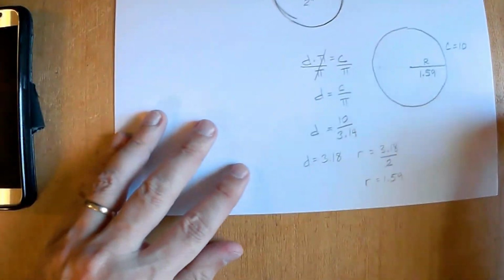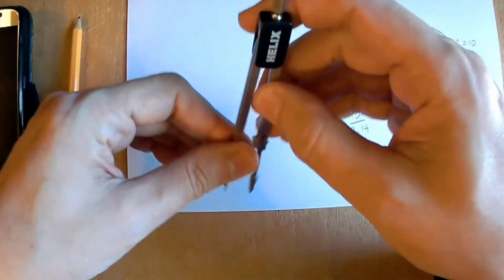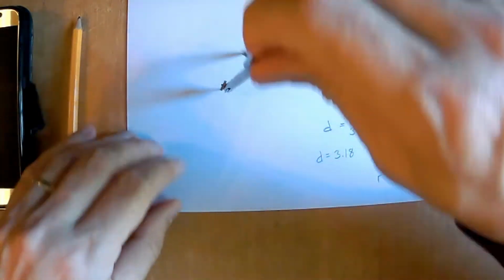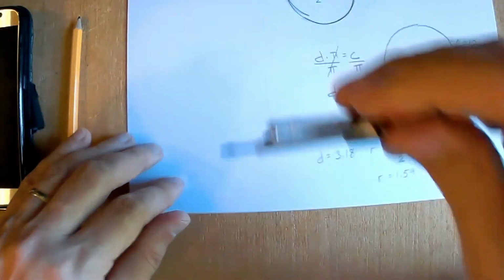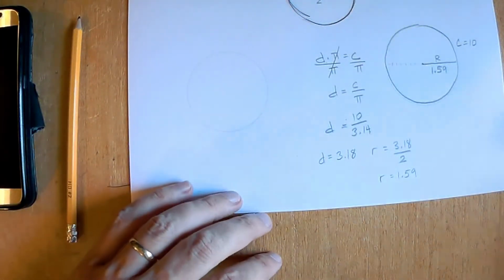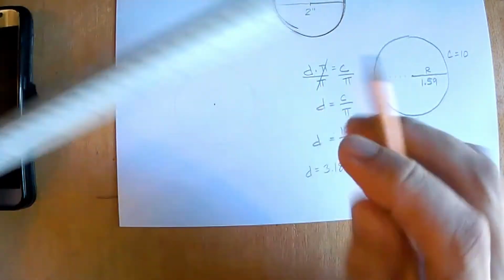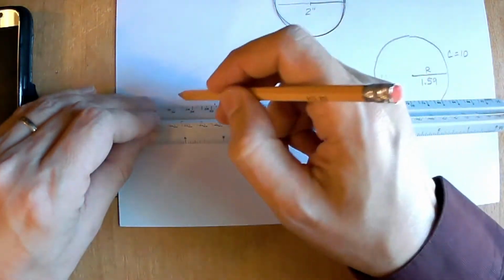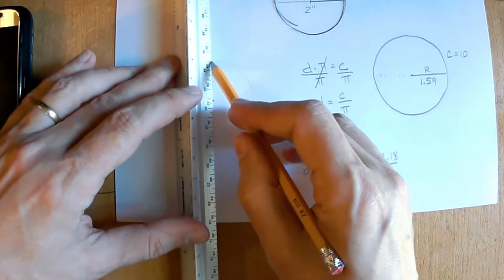Now, let's look at something else. Let's say here's another circle, and there's its center point. Let's say that we don't have a whole circle. Let's say that we just have a half circle.